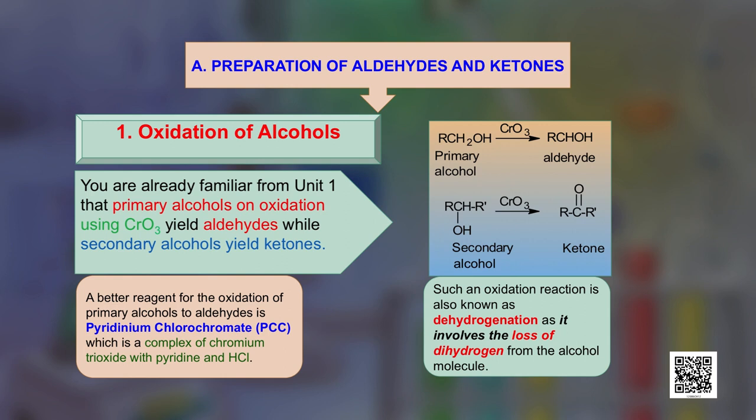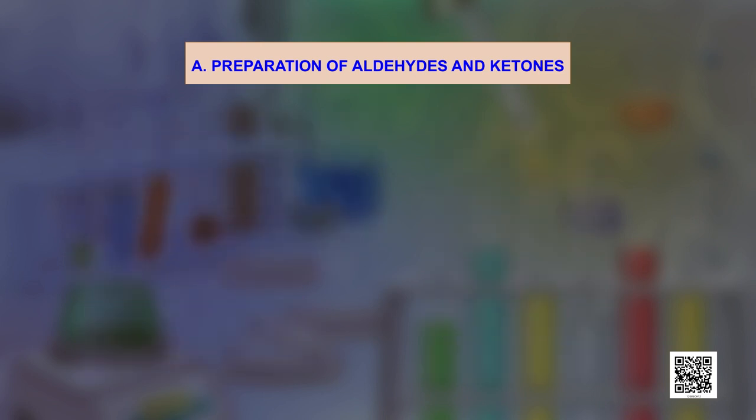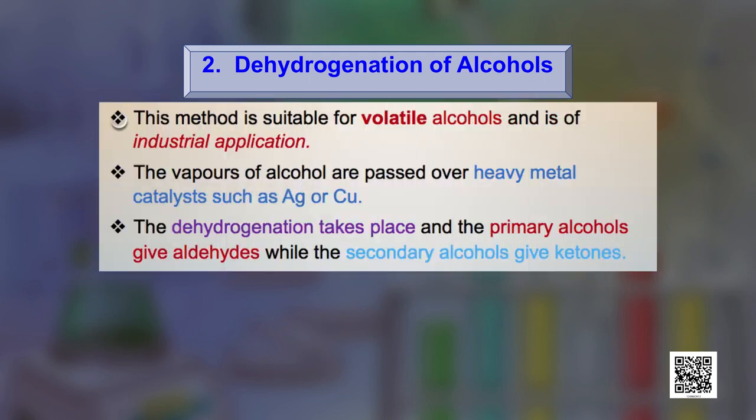Why? Because it involves the loss of dihydrogen from the alcohol molecule, and we will next consider the second method of preparation, which is dehydrogenation of alcohols. This method is suitable for volatile alcohols and is of industrial application.